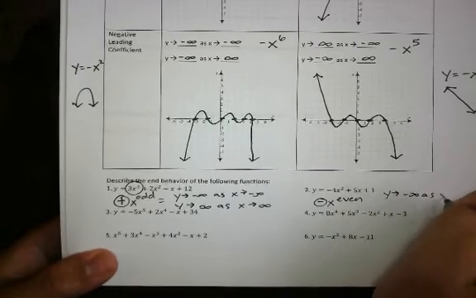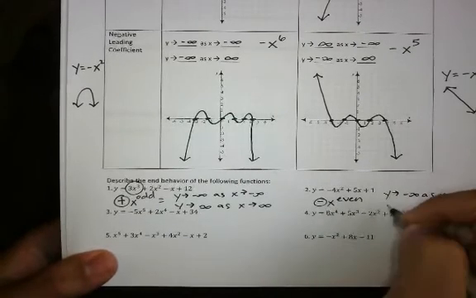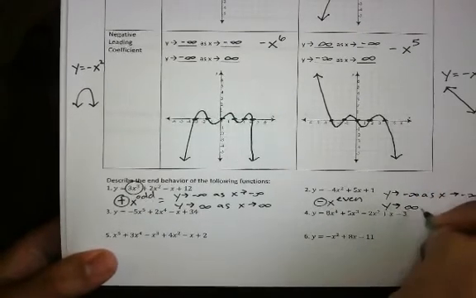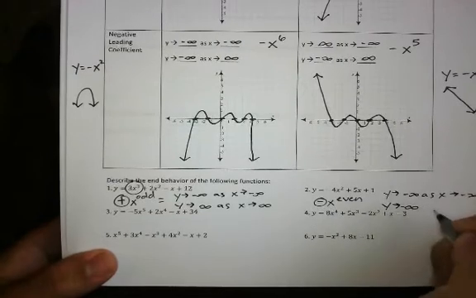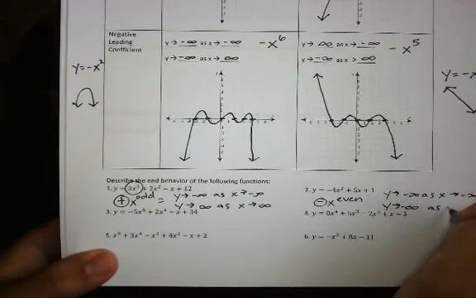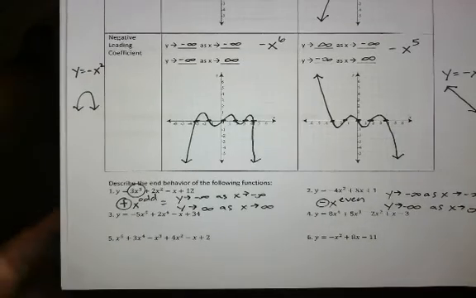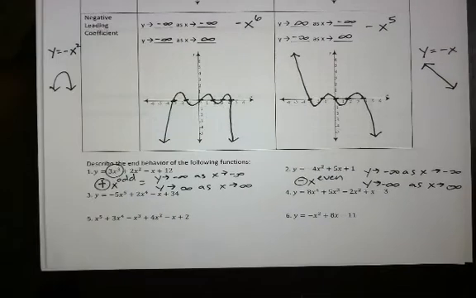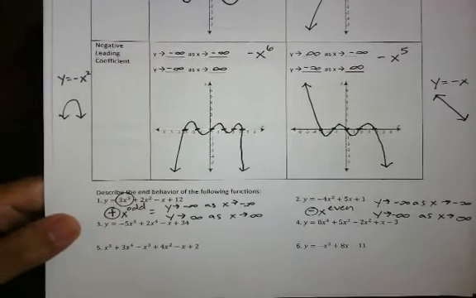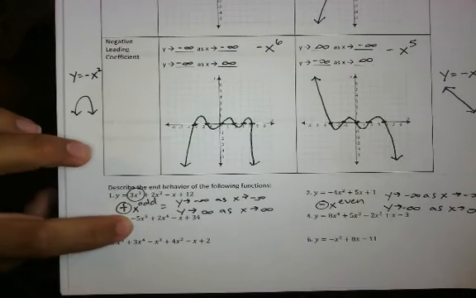Graph 3. You're correct. It would look most like this graph. So it would go y approaches negative infinity as x approaches negative infinity, and y approaches negative infinity as x approaches positive infinity.